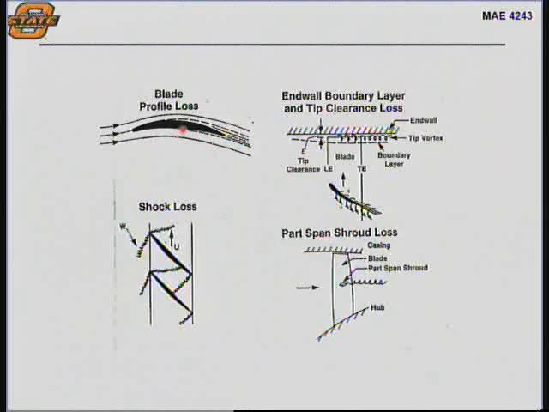Okay, so the blade profile losses are just like you would consider for a fixed wing profile loss. When we talk about end wall and tip clearance losses, we recognize the fact that you have to have some gap between the rotating blade and the end wall, and as that scrubs past, you're going to have high pressure air leak over to the low pressure side and create a tip vortex, and that creates a loss.